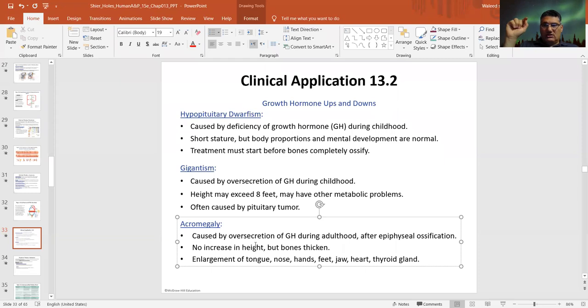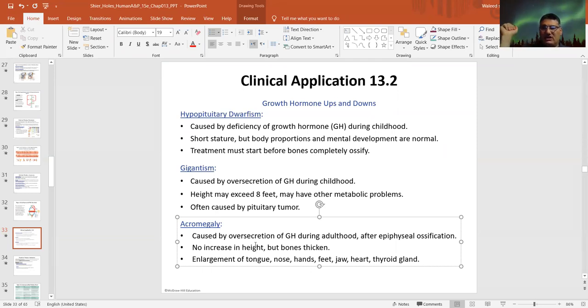Growth hormone at a higher level after adulthood can have some effects on certain parts only, not the whole body. Specifically, the forehead, the nose, the mandible, the hands, the heart. These parts of the body only, not the whole body, can still grow, as a response to a higher than normal amount of growth hormone.